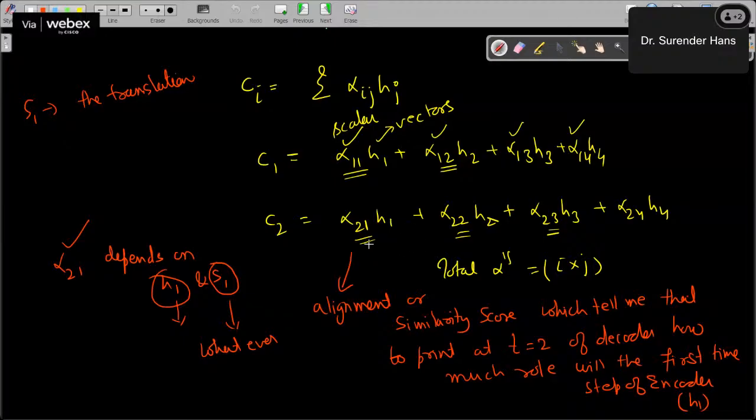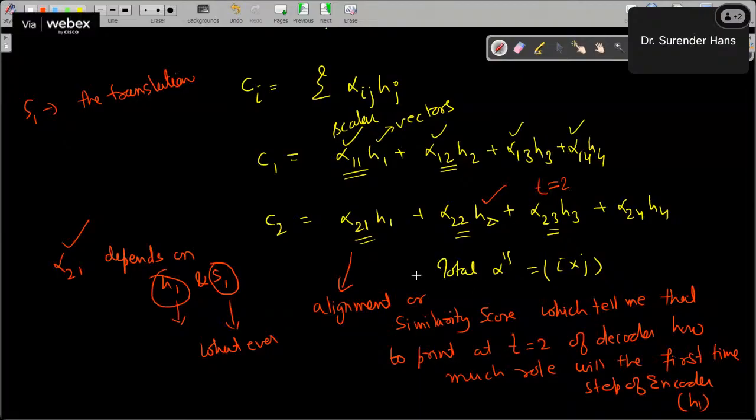This alpha 21 that I explained here depends on H1 and S1, which tells us, to print at t equals 2 time step of the decoder, how much role the first time step of the encoder plays. Alpha 22, to print at t equals 2 time step of the decoder, how much role the second time step of the encoder plays, that is H2. Clear? At t equals 2 time step of the decoder, how much role the third time step of the encoder plays, that is H3, and so on. So these are the alpha ij.